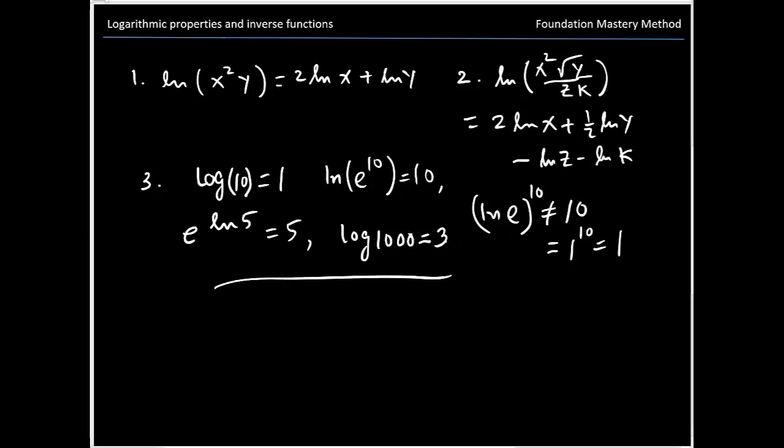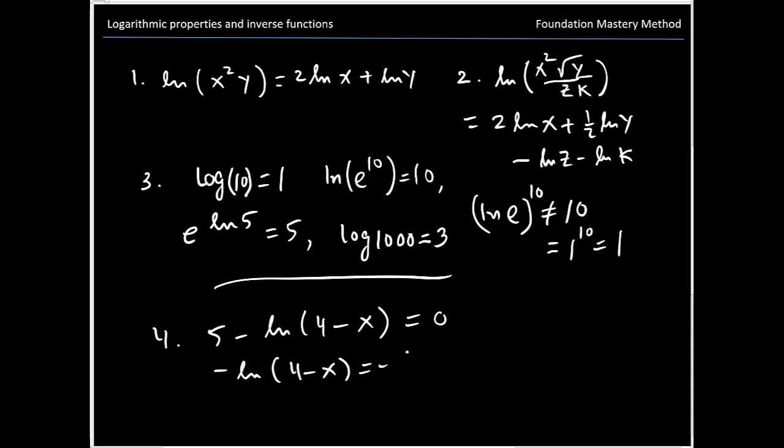I will show you another type, if you have a problem like 5 minus natural log of 4 minus x equals 0. How do you solve for x? So first of all, you subtract 5 from both sides. You get natural log of 4 minus x is negative 5.